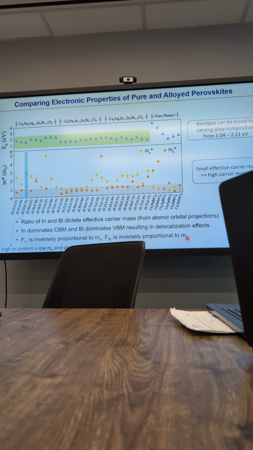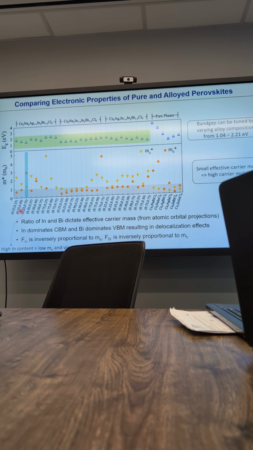And they explain this in the sense that when you have a high amount of indium in the system, it's going to cause delocalization effects in the conduction band, and so the electrons are going to move about, which means there's high carrier mobility.